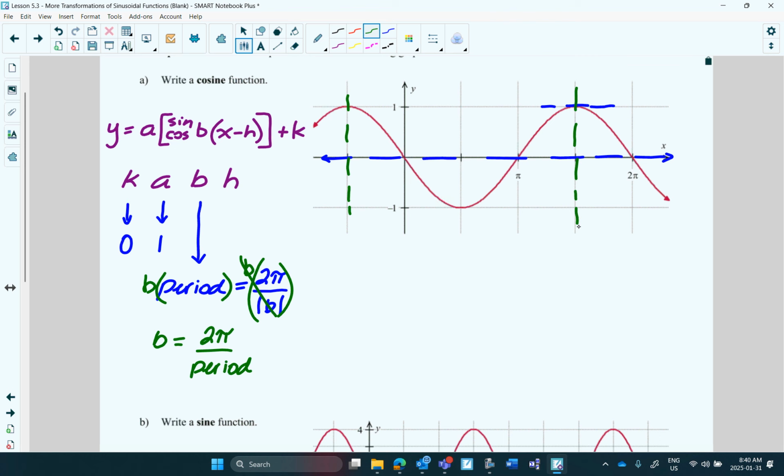Starts high, goes to the minimum, comes back to the max. The question is, how long is that? So doesn't that mean that we have to find the value of one notch? Okay. How much is 2 notches? You're given on the graph. 5. So what would 1 notch be? Half a pi or pi over 2?